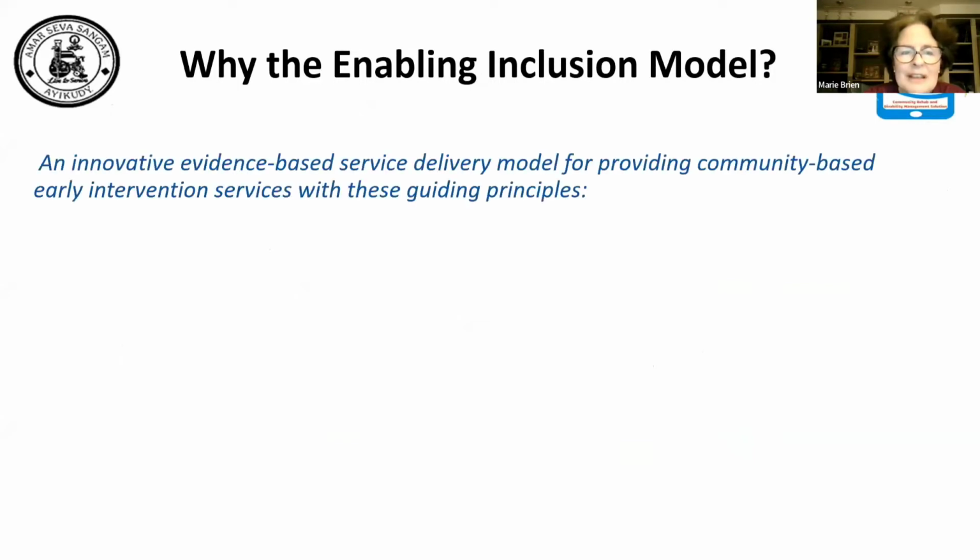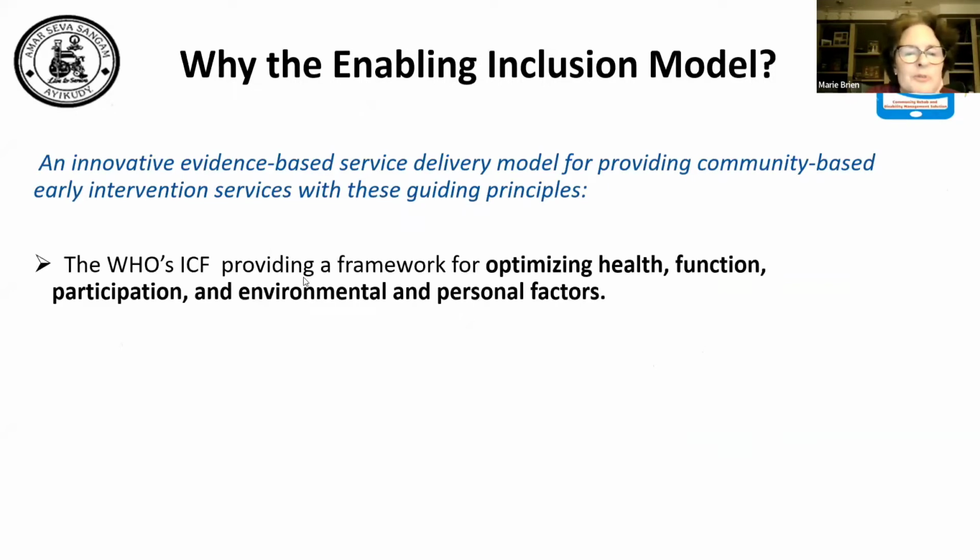So why the Enabling Inclusion model? Well, it's an innovative and evidence-based service delivery model for providing community-based early intervention services. And our guiding principles were to follow the WHO's ICF, because the ICF, as we will look at a bit further, optimizes health, function, participation, and it also looks at the environment and personal factors.